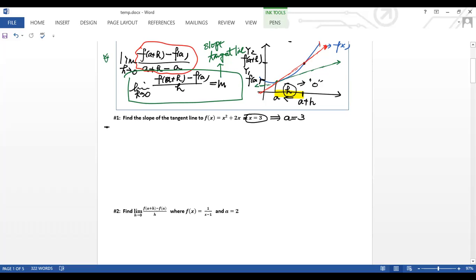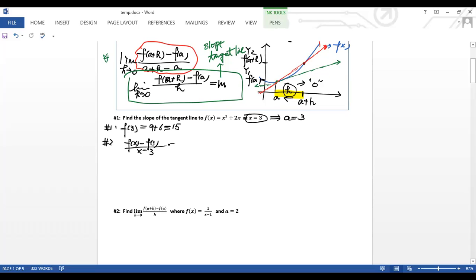So step number 1, you want to find f of a. So it's f of 3. So this is 9 plus 6 equals 15. You just plug in, right? Okay, so now step number 2: you want to find f of x minus f of 3, over x minus 3, here.